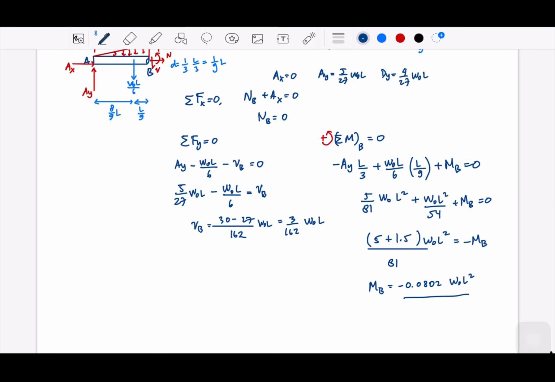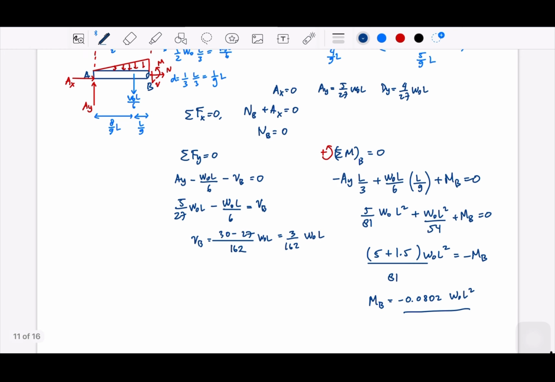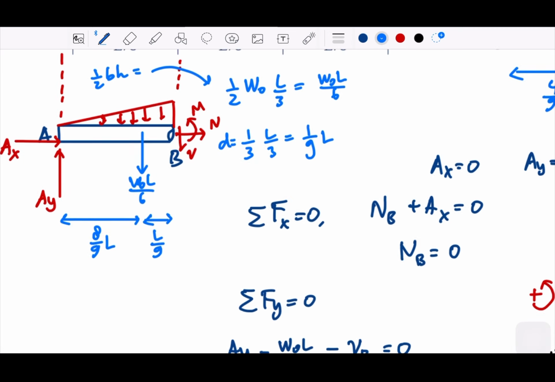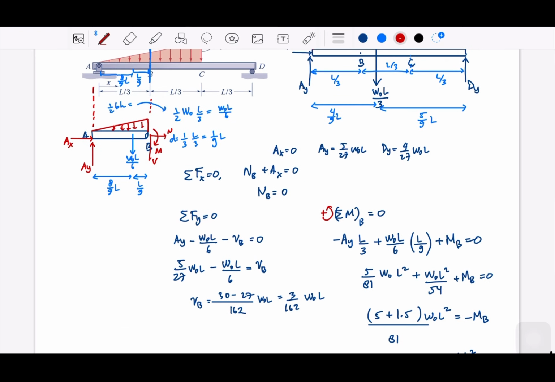So this will be the moment at B. Since it's negative, we had the wrong guess here. So the moment should be going over there. That's the N, that's the B. Okay, that's it.